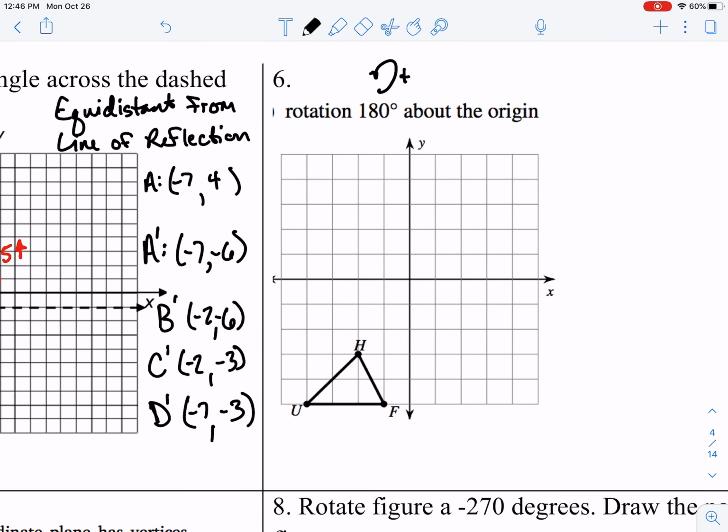So what I think about is how many times can 90 go into my rotation amount? 180 divided by 90, which is really 18 over 9, is just 2. So I'm going to do (x, y) to (negative y, x) as my new point.